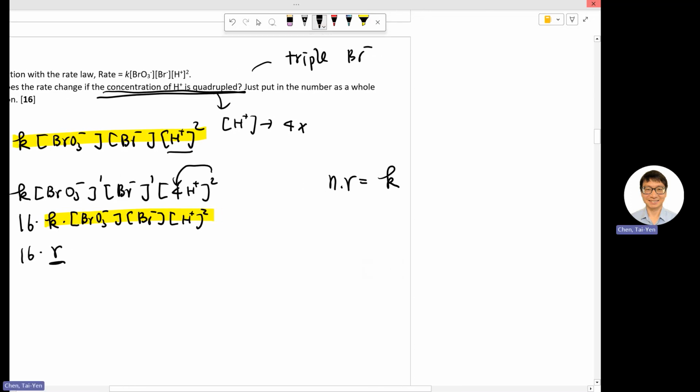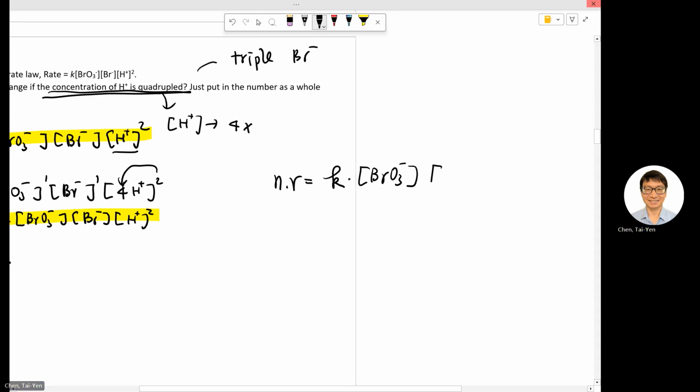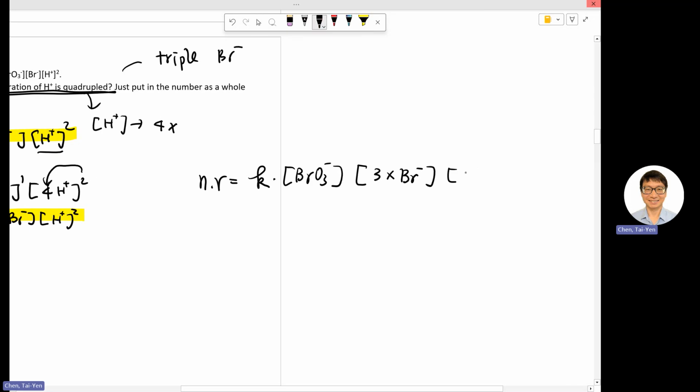Your reaction is the same. You did not change the concentration of your BrO3 minus, so just write out the same concentration over there. For your Br minus, now it's triple. That's what it means. And if you also quadruple your H plus, that's what it means, right?